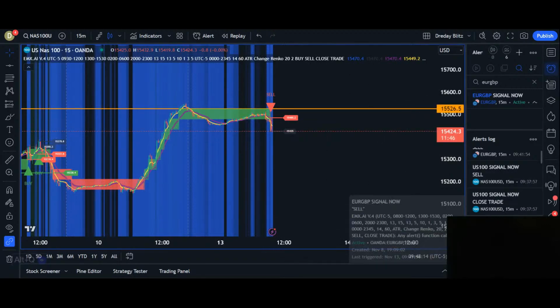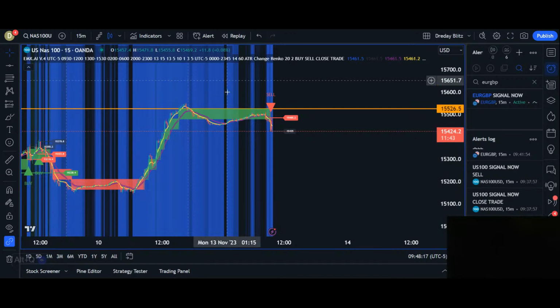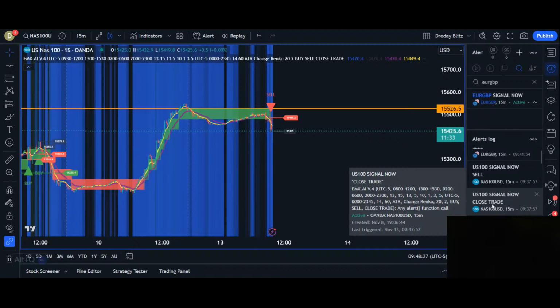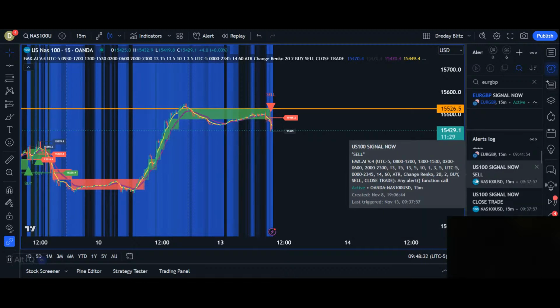That's why I put it as closed trade, because I'm closing the buy trades that were previously open. So I have to close the trades and then take my position. That's why you receive the notification first. It says close trade and then give you a sell. Okay.